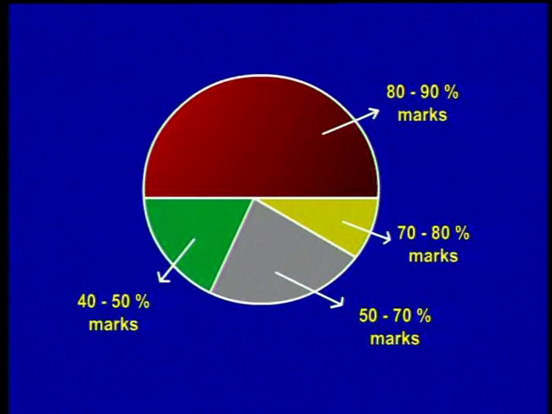Then you have a slice which denotes a quarter of the circle, showing students who have secured 50 to 70% marks. And then there is a slice which shows students who have got 40 to 50% marks. This is one way in which non-verbal texts show us the relative proportions of students or of data in a total sample or a total population.